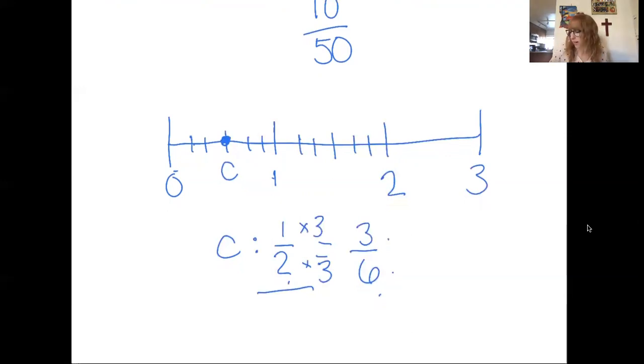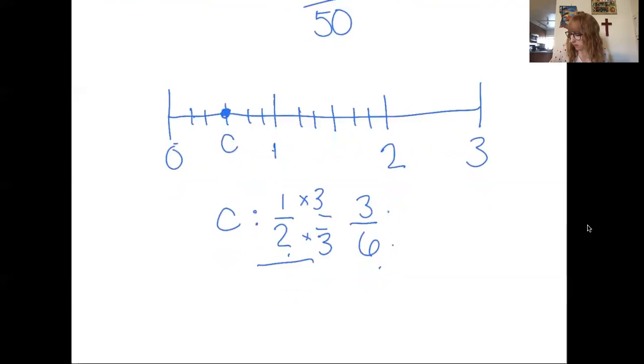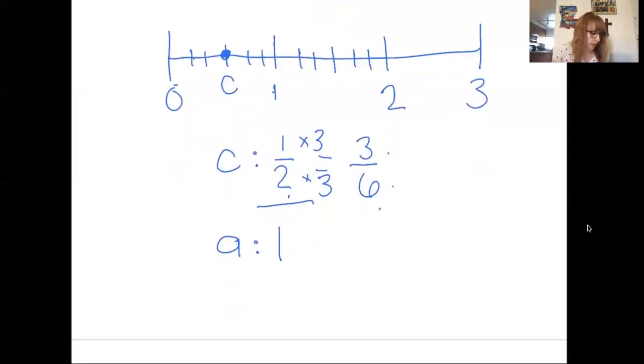There's only one fraction that is between 1 and 2. That's more than 1, but less than 2. And that's letter A. So now we need to figure out where letter A goes. So A is 1 2/3. So it's going to be somewhere in here. Again, it's more than 1, but less than 2.